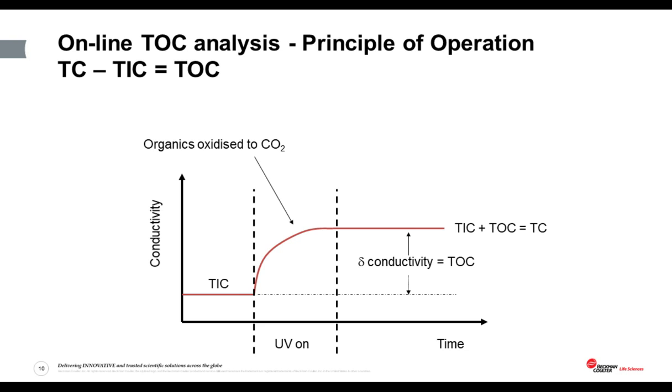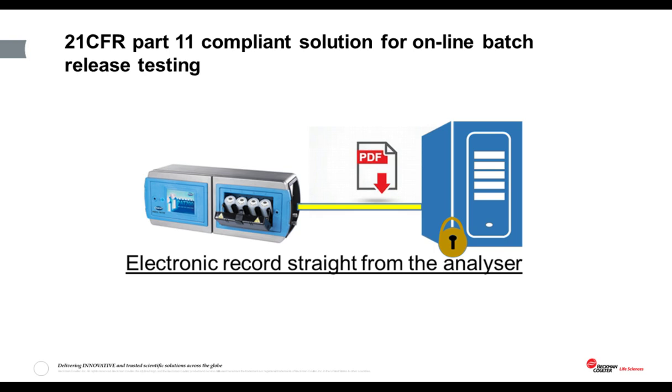And when there's no further changes in the conductivity, we know we've completed that oxidation, and the analyzer measures the new conductivity value, which is the total carbon, or TC. And then it subtracts the initial conductivity measurement, the TIC, from the TC, and the difference in this is directly proportional to the TOC in the water sample itself.